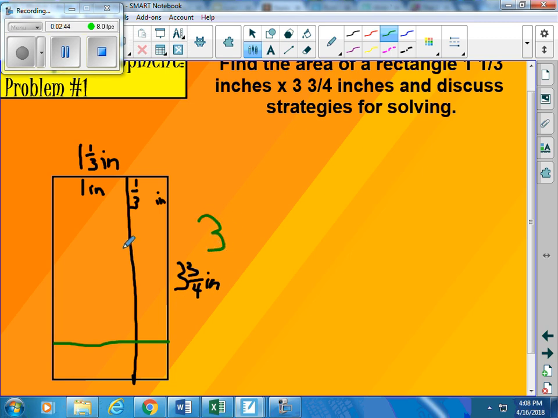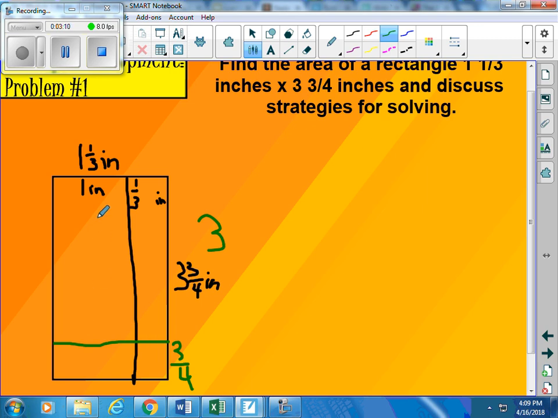So remember when I had my sheets of paper, I would drag over 3 whole sheets of paper, and then down here, this sheet of paper was a 3/4 sheet of paper. All right. So this partial sums method is just pulling apart the whole and the fraction.